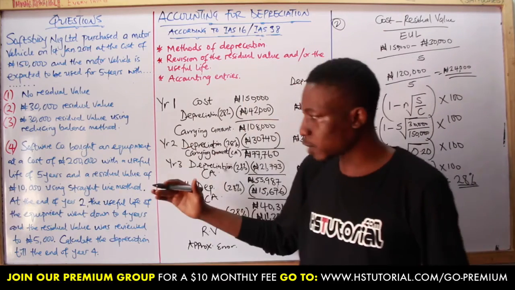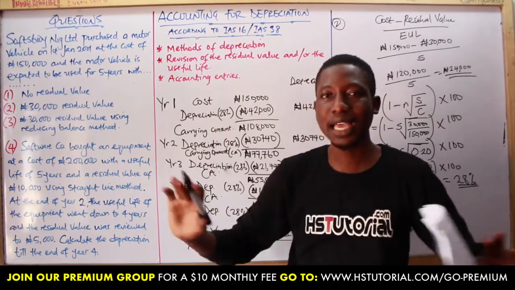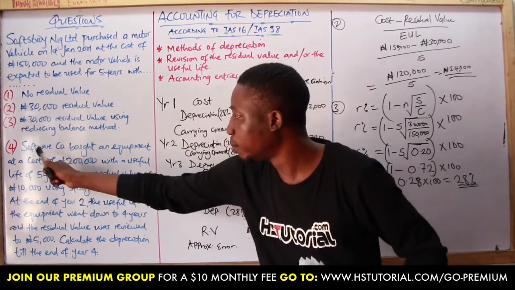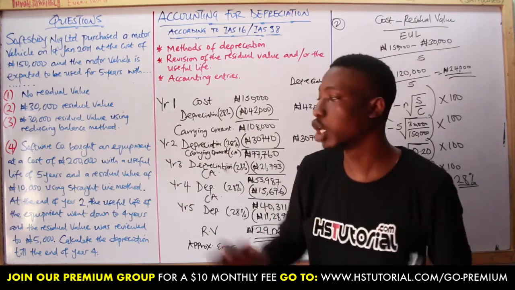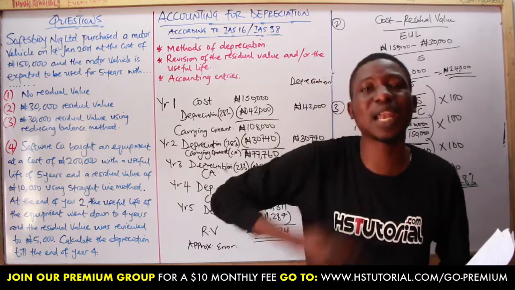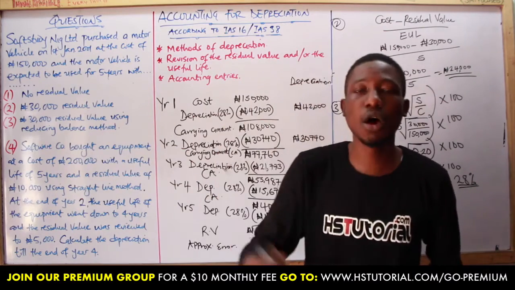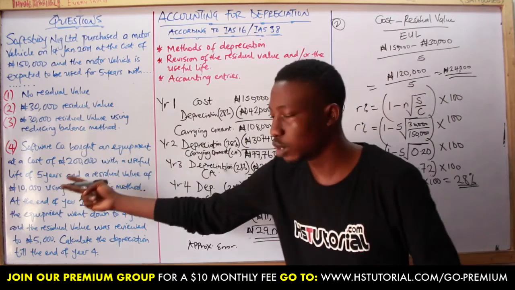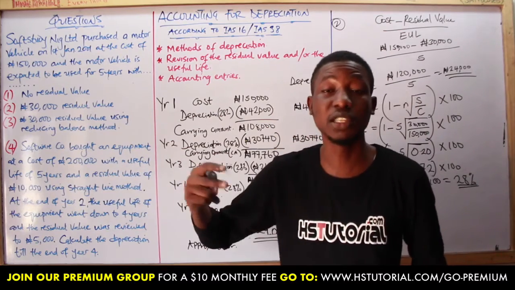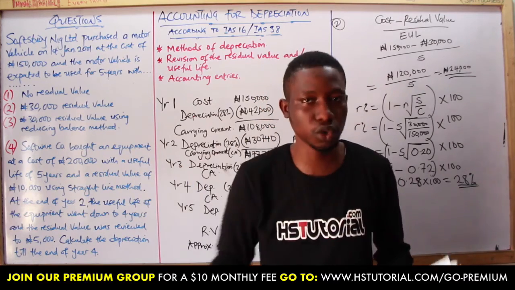So a brief explanation on this: for the first 2 years, you apply the normal calculation, that's before the revision. Then after the revision, you apply the revised amounts to get the depreciation for the remaining 2 years.